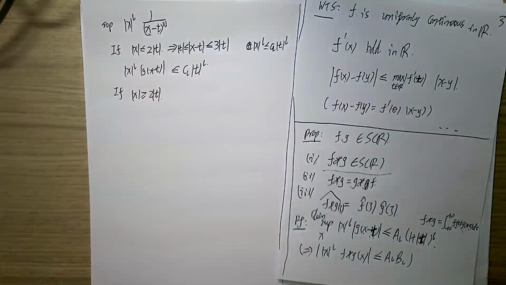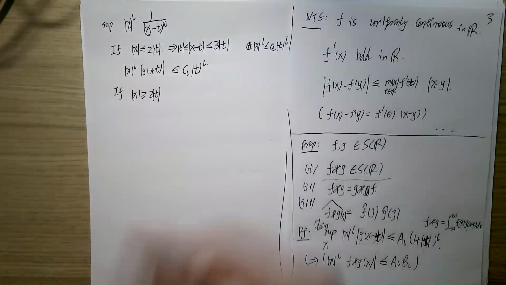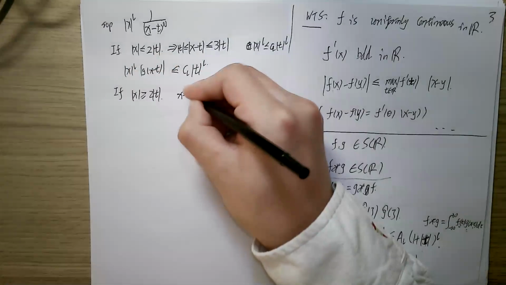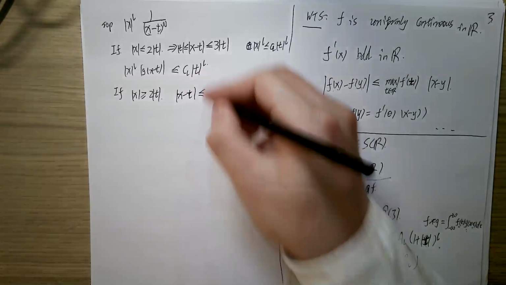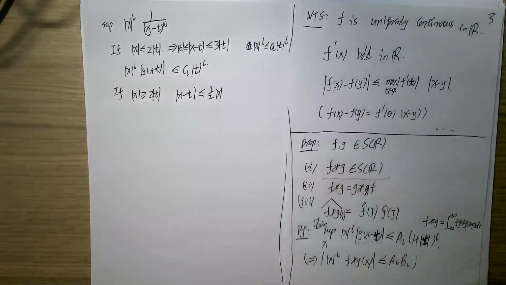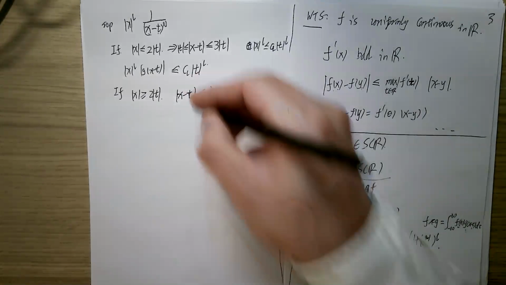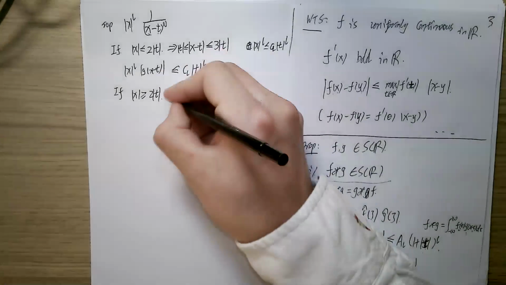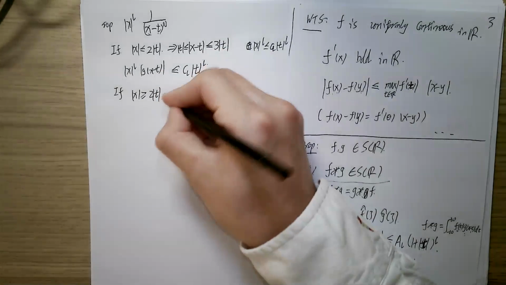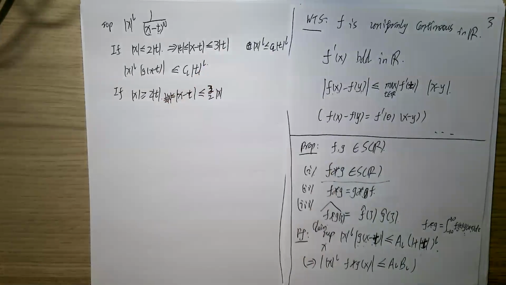If x is greater or equal than 2t, which means your x will dominate over this x minus t. Okay, in this case, what we will have is x minus t, well, it can be bounded above by 3 over 2 x, and bounded below by 1/2 x, right?